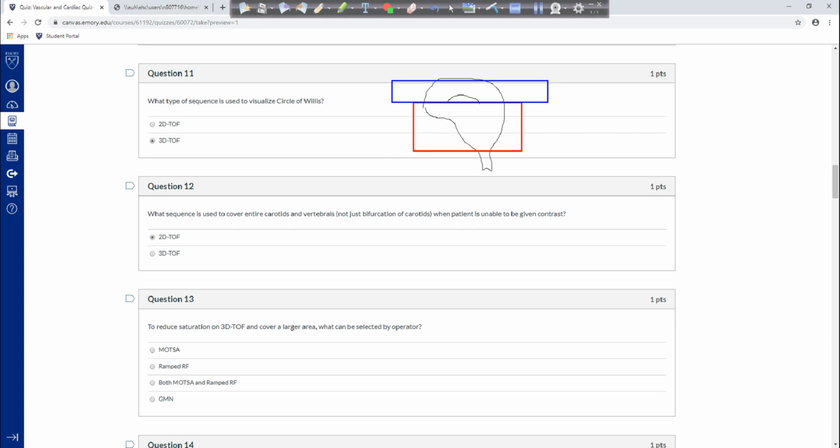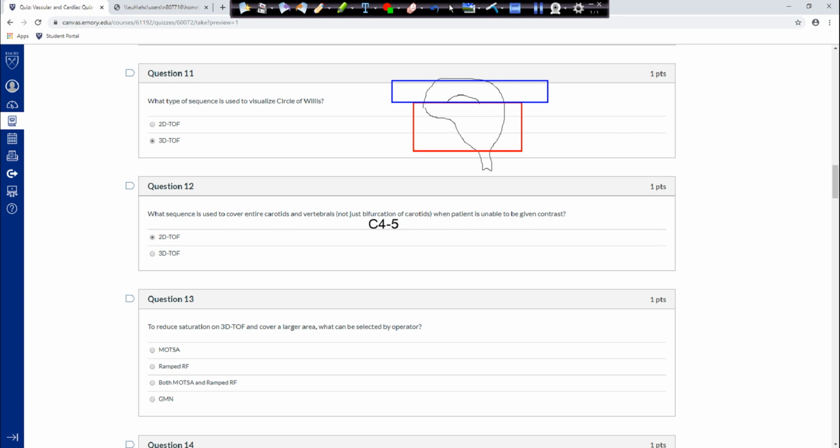Do you remember where the bifurcation usually happens? What level of the C-spine? Bifurcation of the carotids usually happens at C4, 5. So if you're imaging and counting, and remember with MRI you start counting from C2, because you can't really see C1 that well on the sagittal slice.